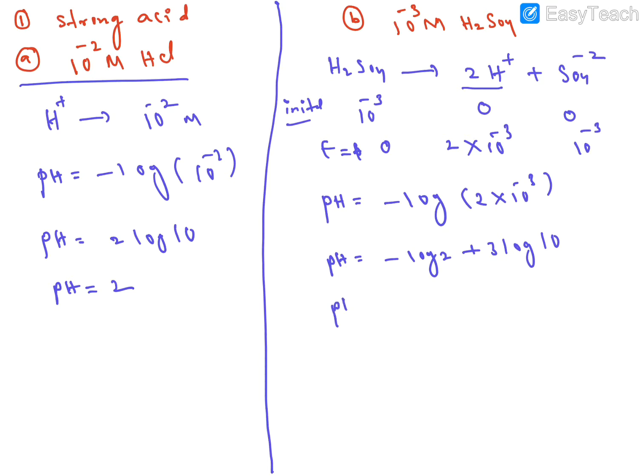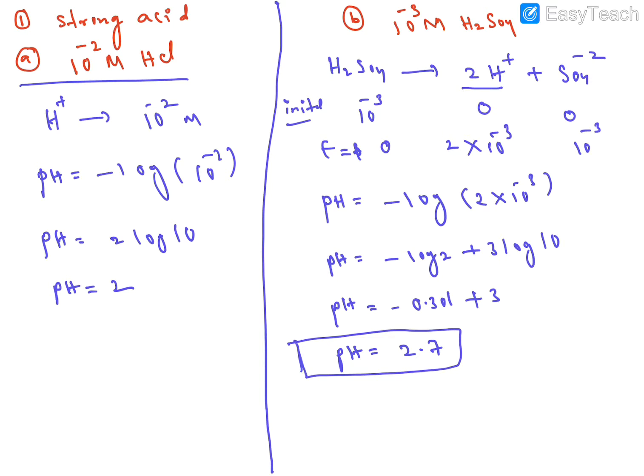So the pH is equal to minus log 2, that is 0.301, plus 3 log 10, which is 3. So pH is finally 2.7. So this is the pH of H2SO4.